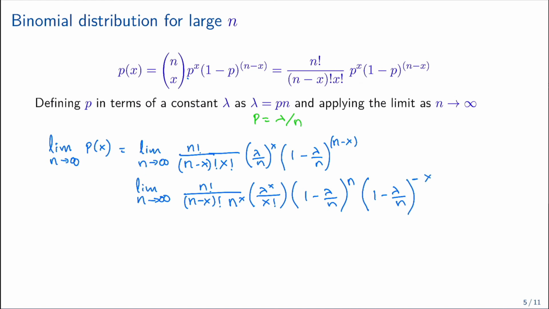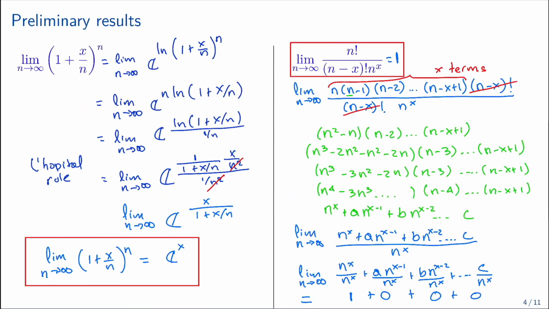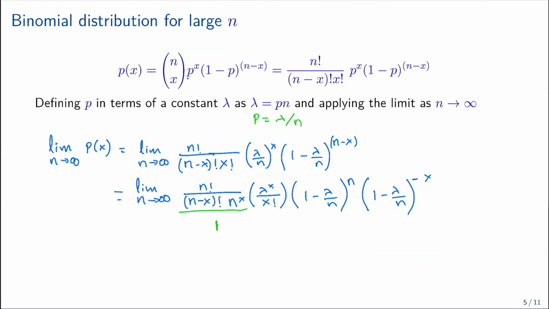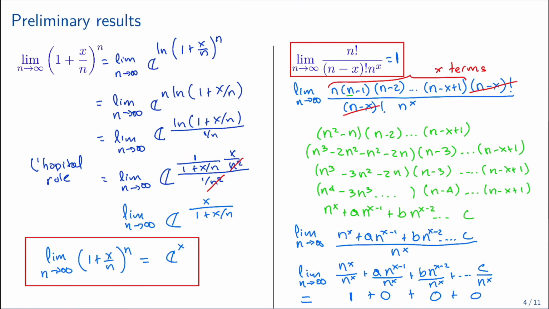Now we are ready to apply the limit. From the previous results, we have this limit, and that limit is equal to 1. So the first case is equal to 1. Then we have lambda to the x divided by x factorial. Then we have 1 minus lambda over n to the n, so we can use this result.